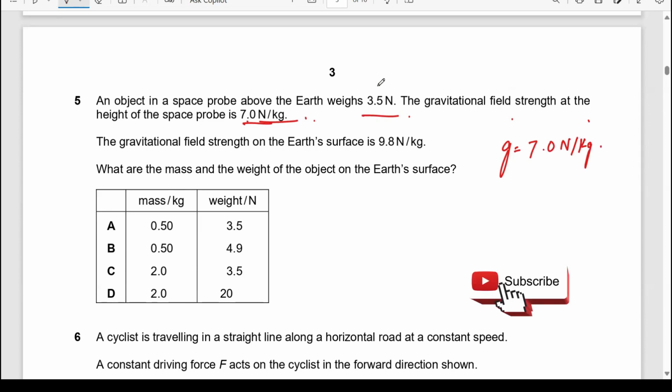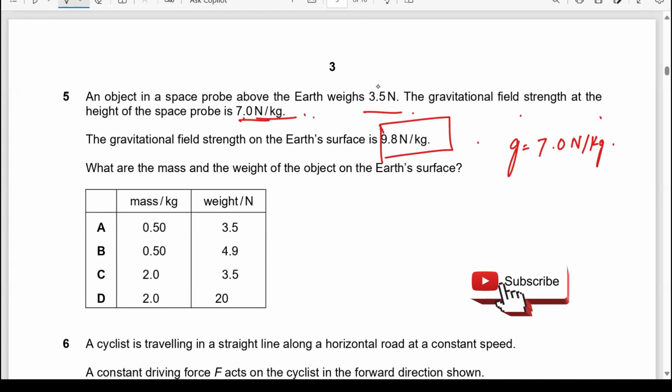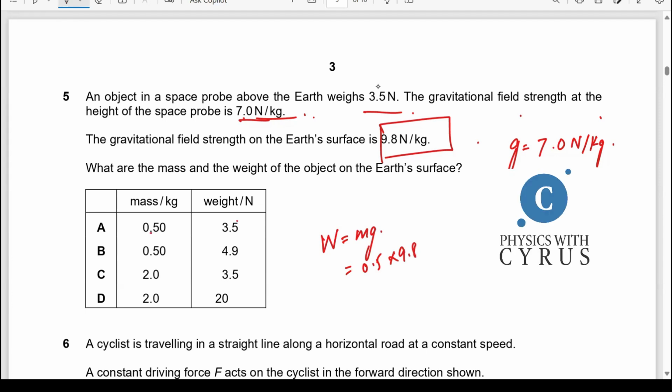The gravitational field strength on the Earth's surface is 9.8 Newton per kg, right? What are the mass and the weight of the object on the Earth's surface? It's B. Weight is equal to mg. Mass is 0.5, g is 9.8. When you calculate, you will get the weight. If you do it otherwise, you don't get this answer. So you have 9.8 multiplied with the mass, and you will get the answer.